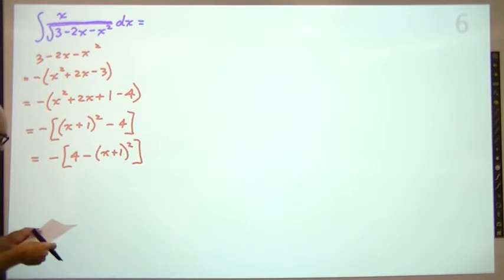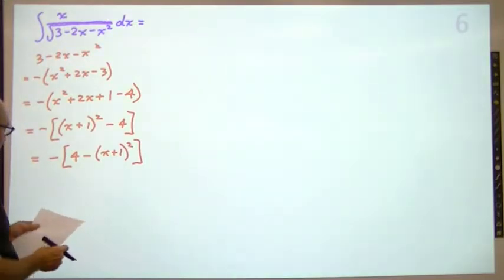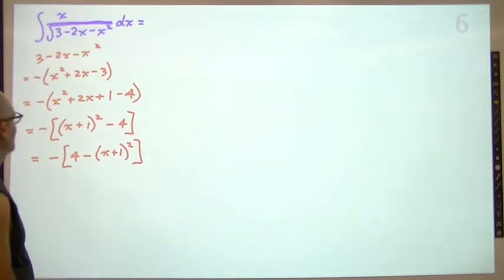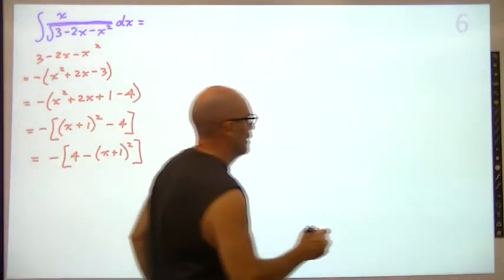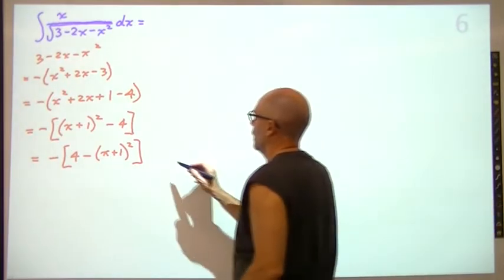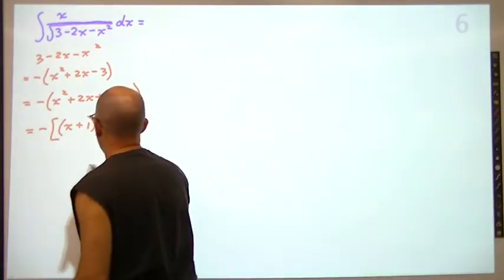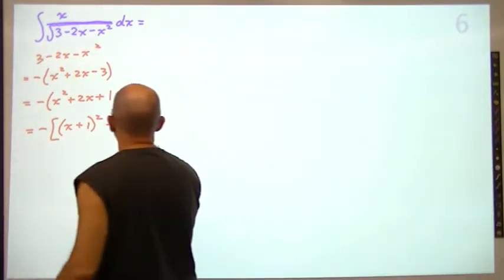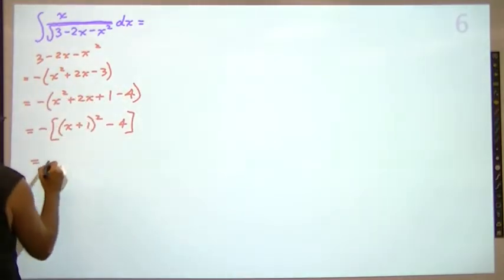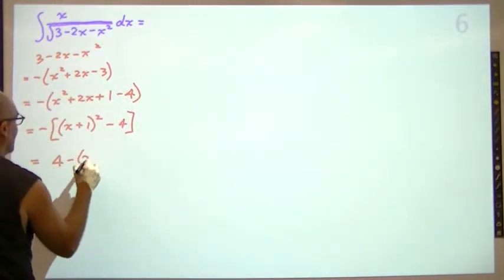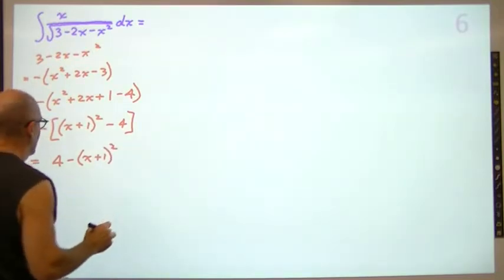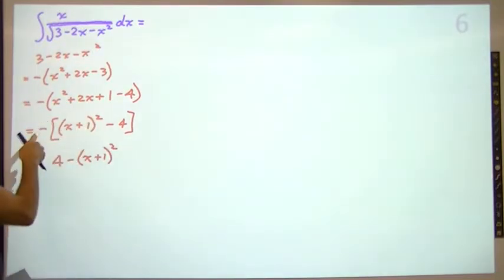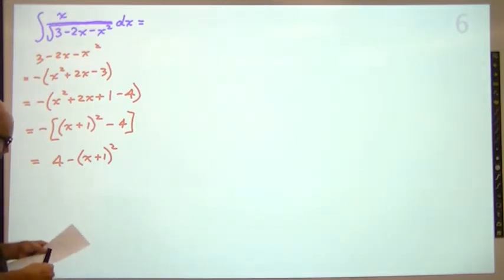Flip the subtraction and get rid of the negative. So this becomes 4 minus x plus 1 quantity squared. See, we flipped the subtraction, changed the sign outside there. Now we have 4 minus x plus 1 quantity squared.